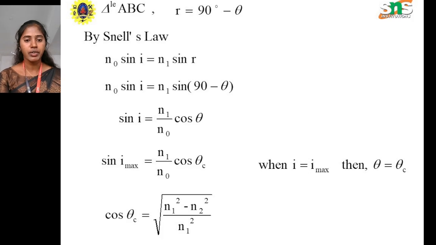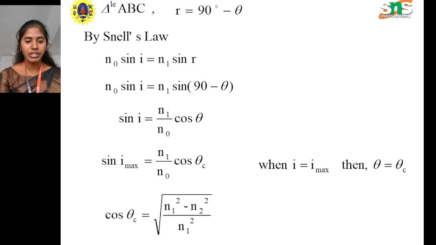So N0 sin I is equal to N1 sin R. N0 is the refractive index of air, I is the angle of incidence, and N1 is the refractive index of the core, with angle 90 degrees minus theta. Substituting, we get sin I equal to N1 by N0 into cos theta, since sin of 90 minus theta is cos theta.